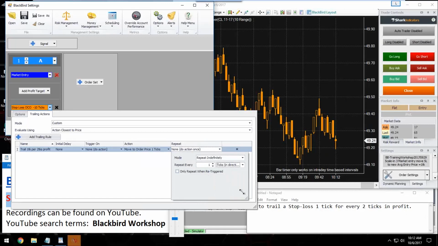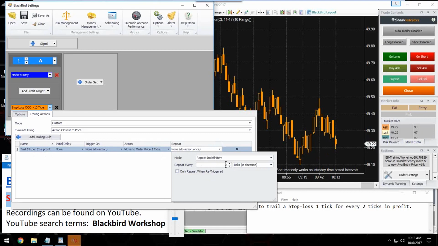So for every tick that the market moves in the direction of the trade, that's what's going to trigger moving the stop loss, trailing the stop loss. But this time we're going to wait every 2 ticks. So whenever the market moves 2 ticks in profit, or in the direction of the trade, that's our repeat mechanism here.